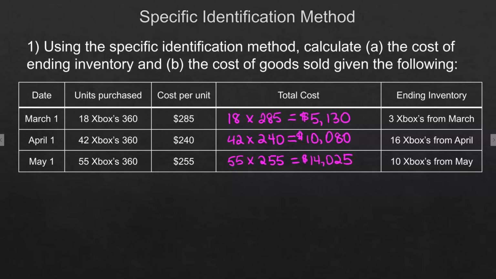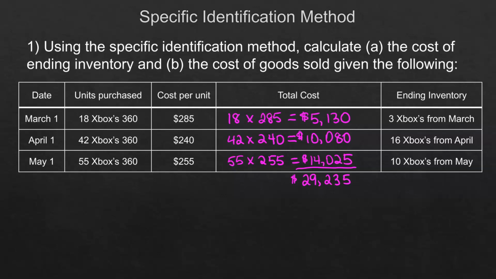Now we also want to know this total. How much was the total cost of what we put into inventory on those 3 dates? That amount would be 29,235. Okay. So now let's work with our ending inventory.